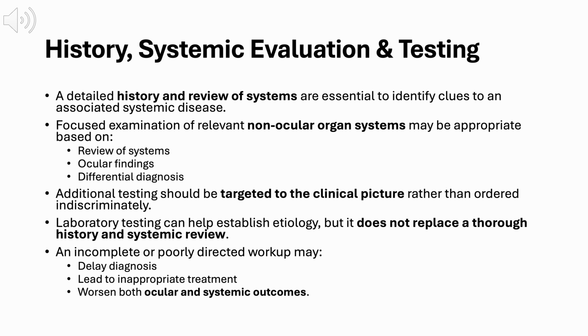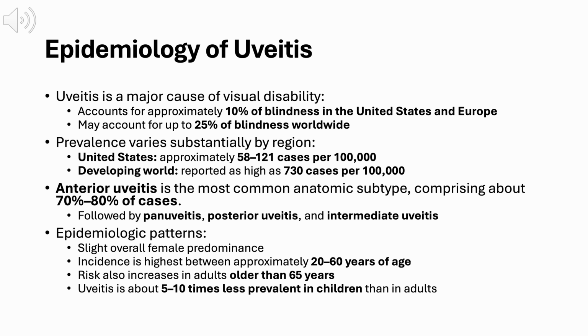Anatomically, anterior uveitis dominates, about 70 to 80% of cases, followed by panuveitis, posterior, and intermediate. And a few demographic patterns: a slight female predominance overall, peak incidence between about 20 and 60 years of age, with rising risk after 65, and uveitis is roughly 5 to 10 times less common in children than adults.